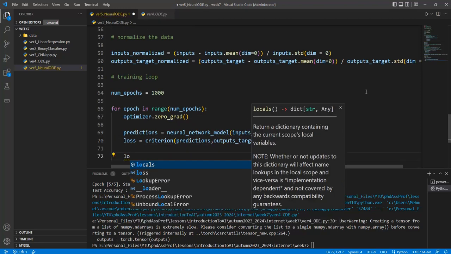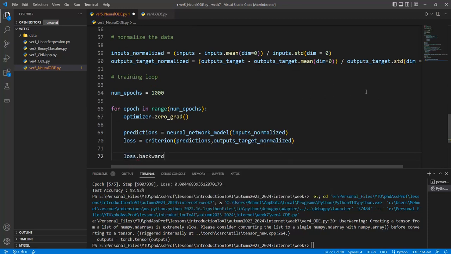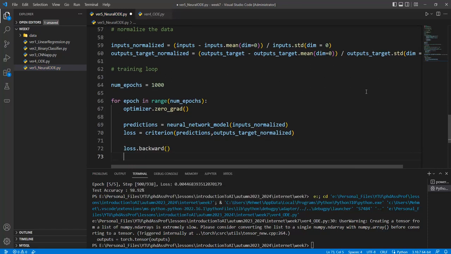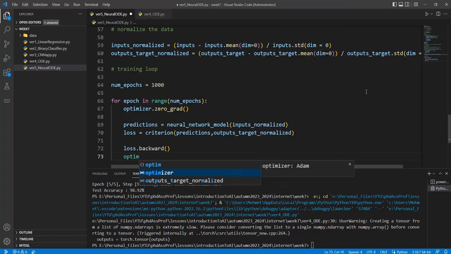And after that loss backward should be called, and optimizer step.